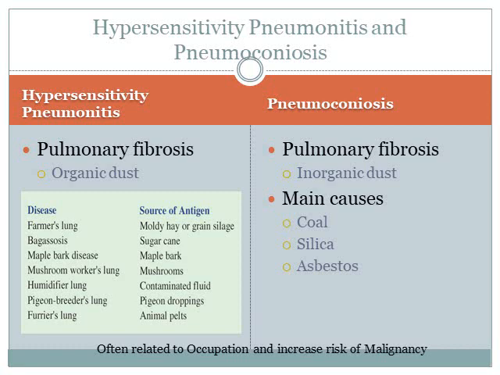Both of them cause pulmonary fibrosis, so scar tissue of the actual lungs themselves. The difference is what the causative agent is. So hypersensitivity pneumonitis is caused by organic dust, meaning coming from plant products, coming from feces, animal furs, stuff like that. Whereas pneumoconiosis is caused by the breathing in of inorganic dusts.